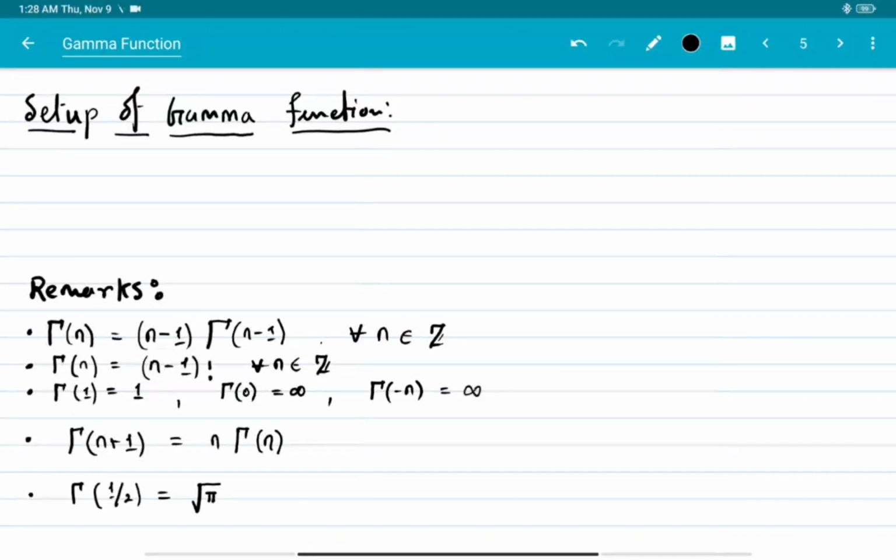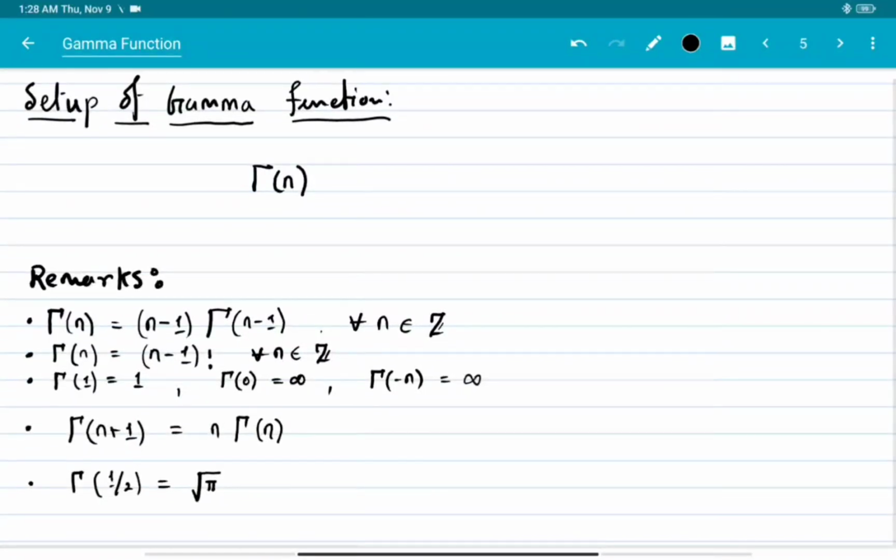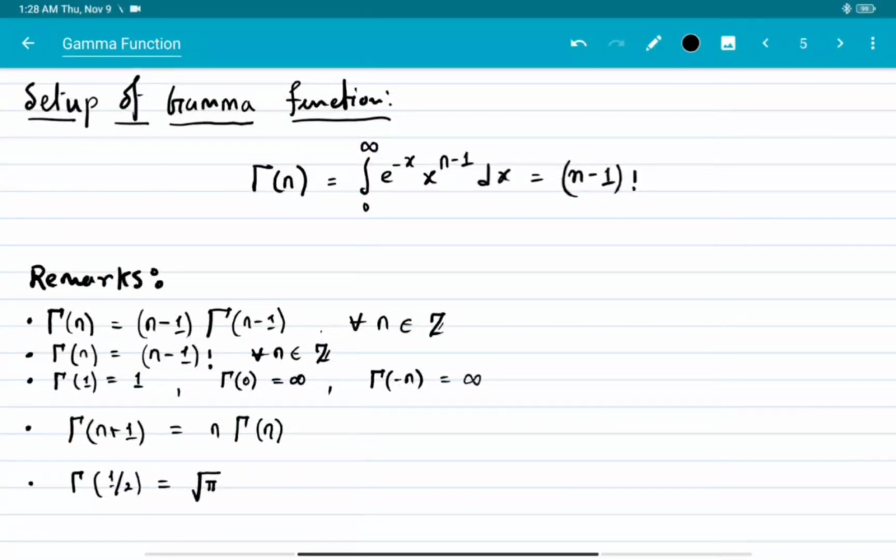Gamma of n is the integral from 0 to infinity of e to the power minus x, x to the power n minus 1 dx, which equals n minus 1 factorial. This is the typical setup of the gamma function.